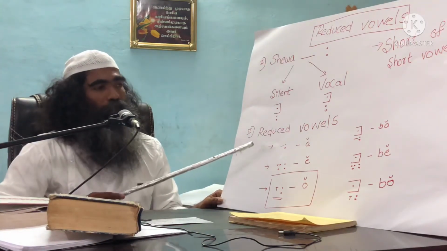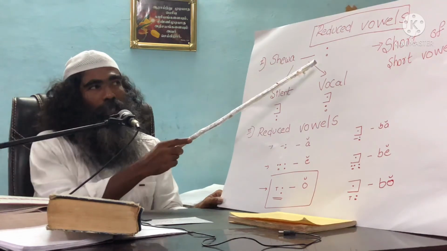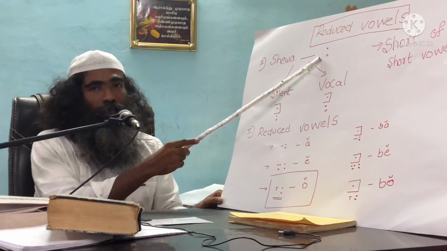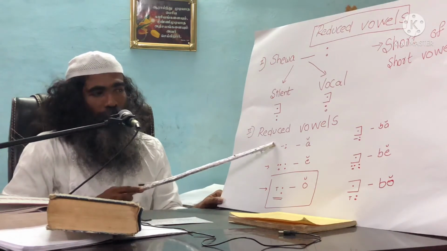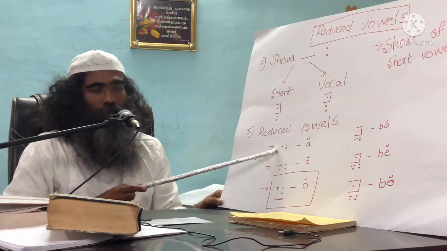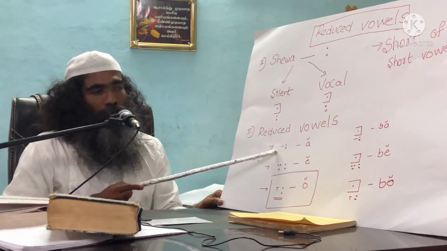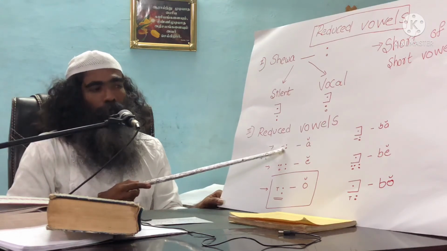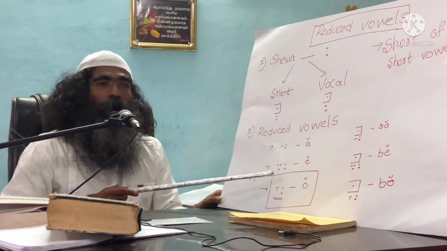Now coming to the reduced vowels. The reduced vowels are depicted by a sheva written before the vowel. As you know, the horizontal line means a. If the horizontal line is preceded by a sheva, then it is pronounced as a.